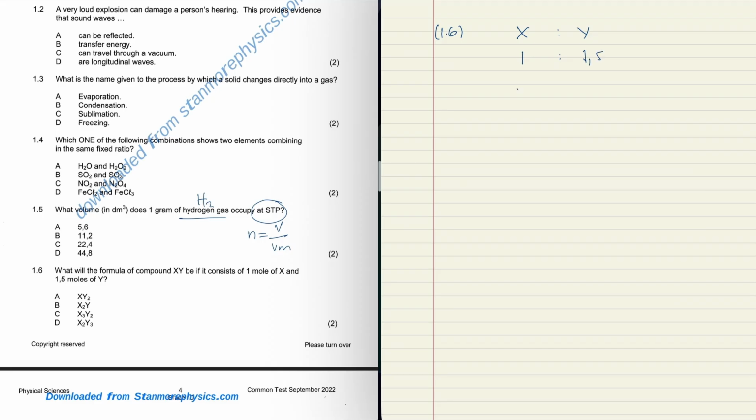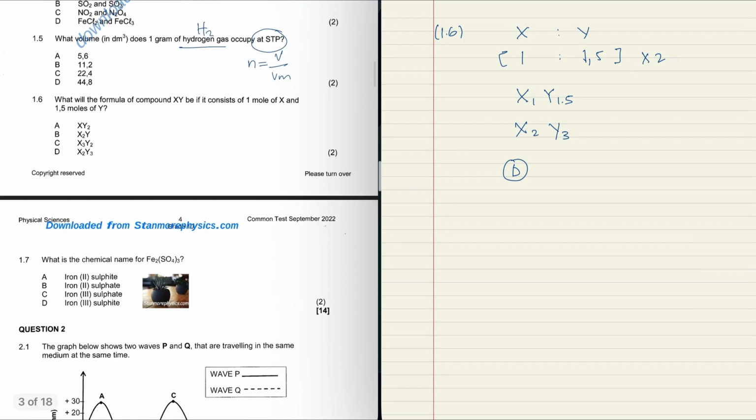Now you can't write X1 Y1.5 because that doesn't make sense. So what you have to do is multiply everything by 2, because that 0.5 can be eliminated by multiplying by 2. So you'll get X2 Y3. So that answer is D.